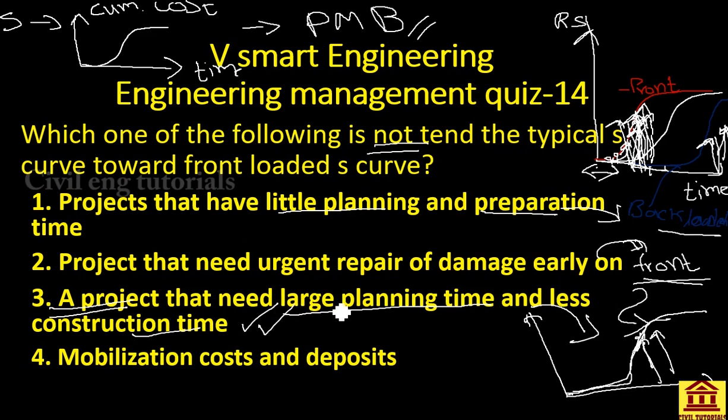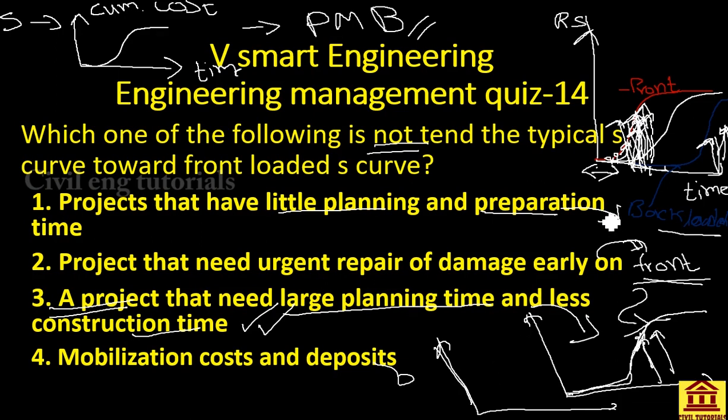This tends to the back-loaded curve, and this is the problem: which of the following does not tend to the front-loaded curve. So the answer will be the third one. Likewise, the fourth example is mobilization cost and deposit. The mobilization cost is given at the earlier period of the construction.